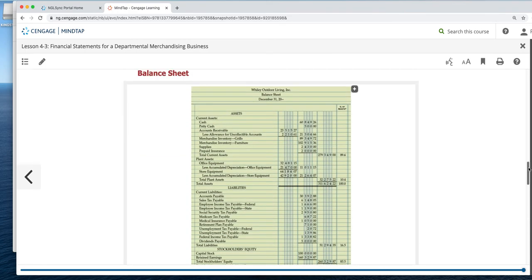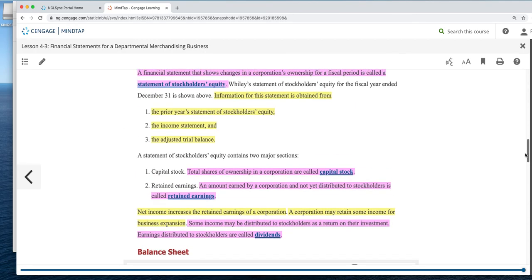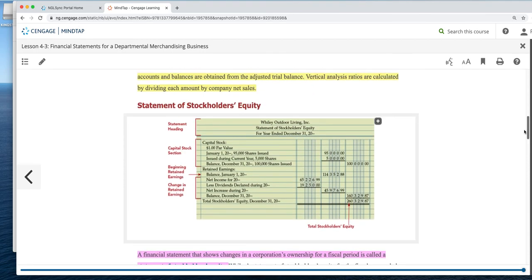When you're looking at the balance sheet, most of it is coming from your adjusted trial balance. All the numbers from cash down to office equipment, you get from the trial balance, and all the payables basically from the trial balance as well. You'll have some stockholders' equity numbers here, but most of this stuff comes from the adjusted trial balance. You're just putting it back onto a new form.